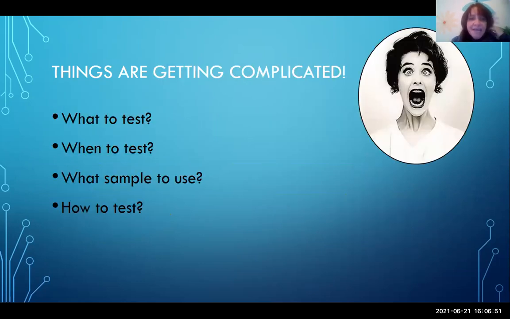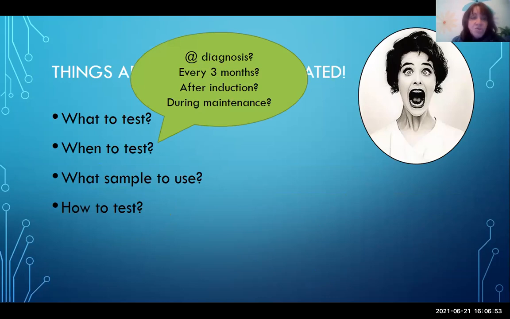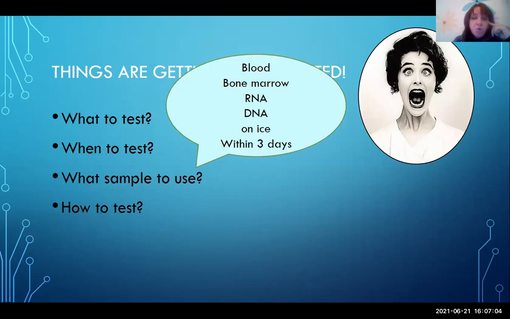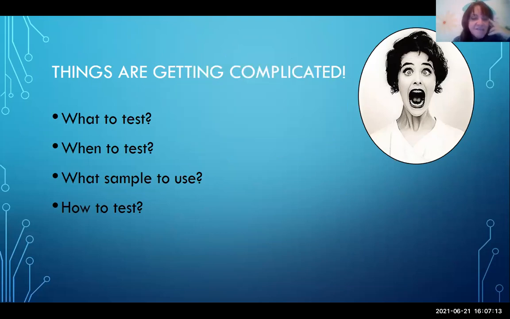So as I say, things are getting complicated. From what to test, when to test, should you be testing at diagnosis, for instance, after induction, during maintenance, that's getting confusing. What samples to use, blood or bone marrow, people like me continuously making your life hard, asking for things on ice or within 3 days.